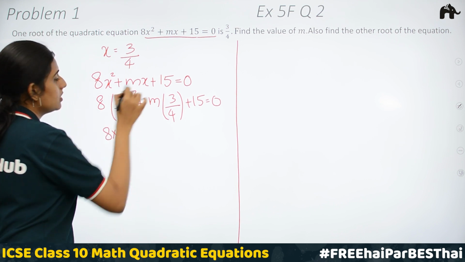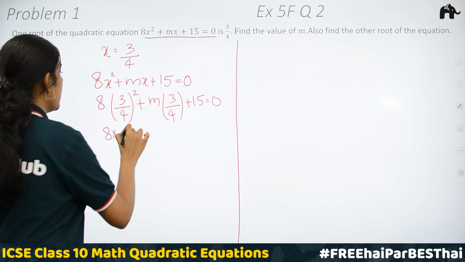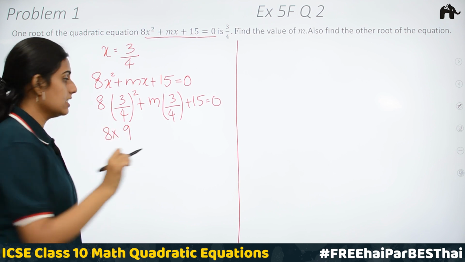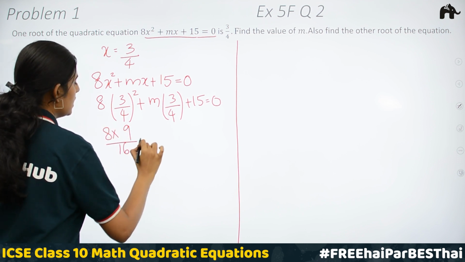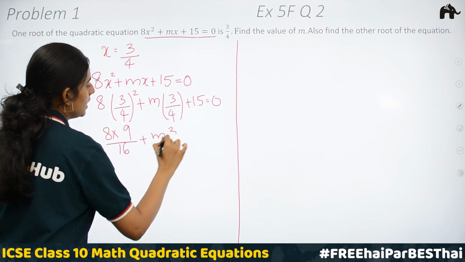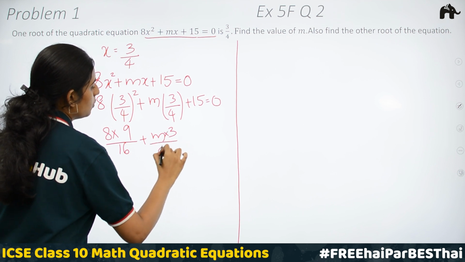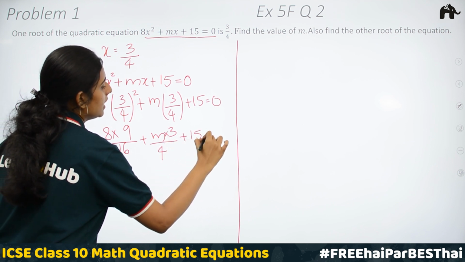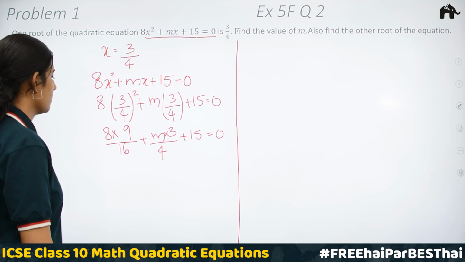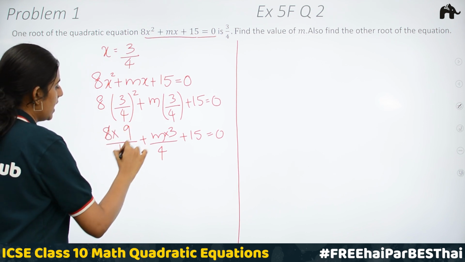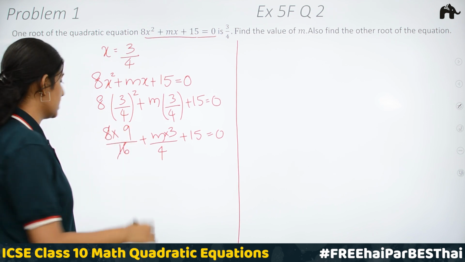8 into 3 square is 9 and what is 4 square? 16. 16 plus m into 3 by 4 plus 15 is equal to 0. Here we can cancel this 8 and 16. 8 2s are 16.